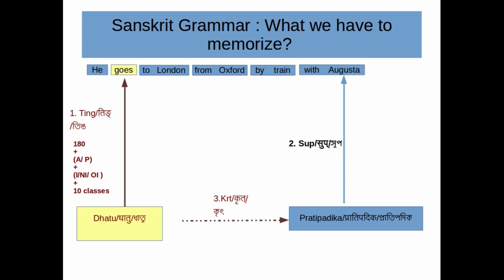Now coming back to what we have to memorize. So we have the word goes. We have to use its correct form. So we identify the dhatu which describes the action of going, which is gam dhatu, and then we identify that it will be applied to the person he, because the word he is responsible for that action.